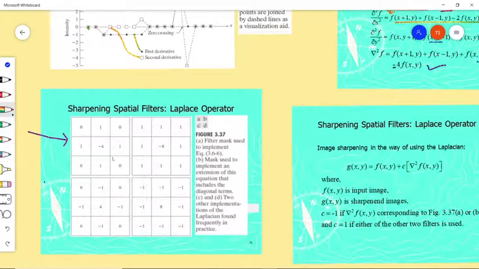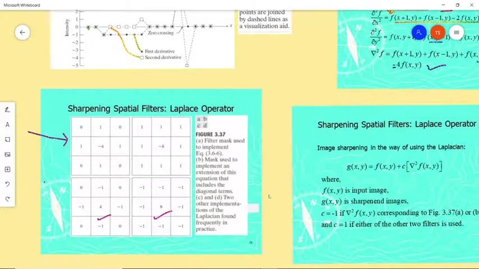From this, if we implement an extension of this equation, it includes the diagonal terms, and these two are the first order implementation of the Laplace operator giving these two values.